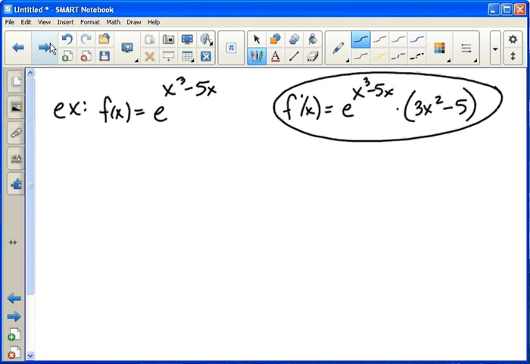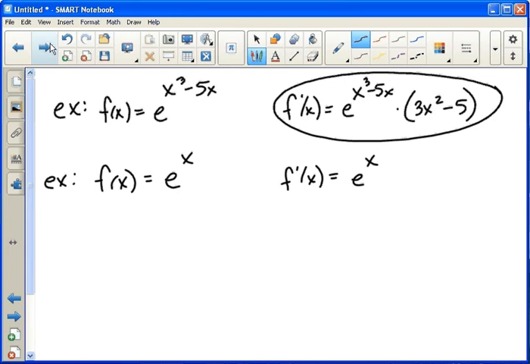Alright, now I want to show you the coolest derivative ever, and that is e to the x. Some of you are already probably seeing where this is going. If we take the derivative, it's itself times the derivative of the exponent. Well, that's just 1. So e to the x is its own derivative.